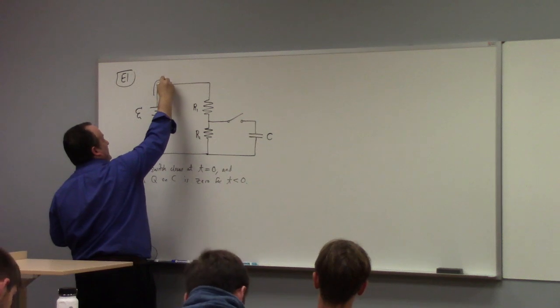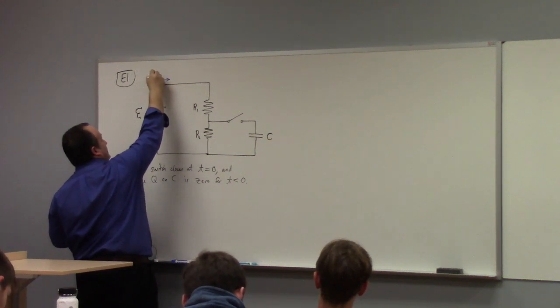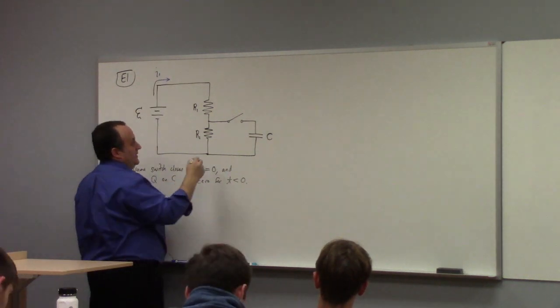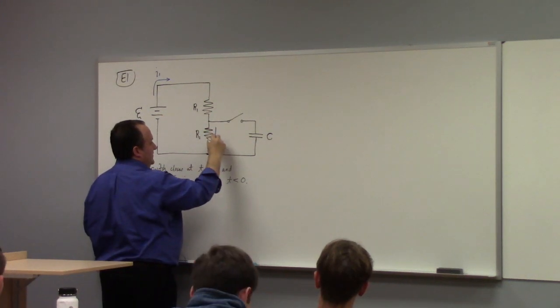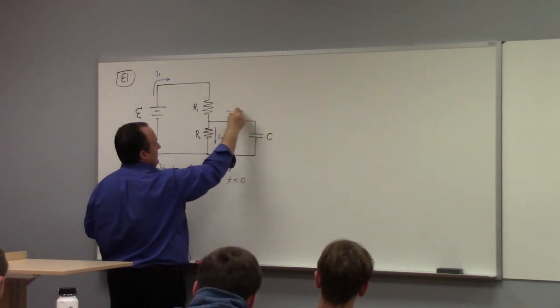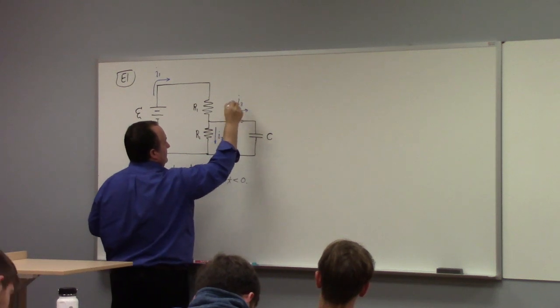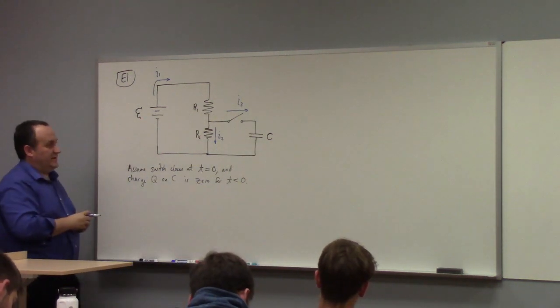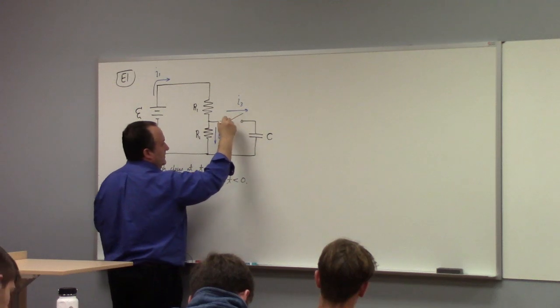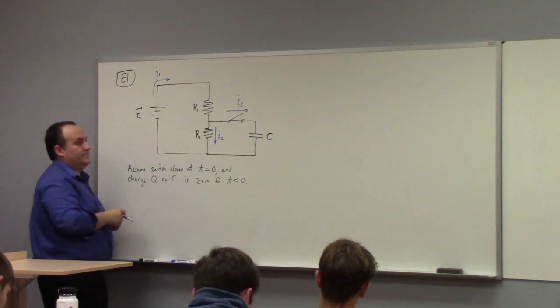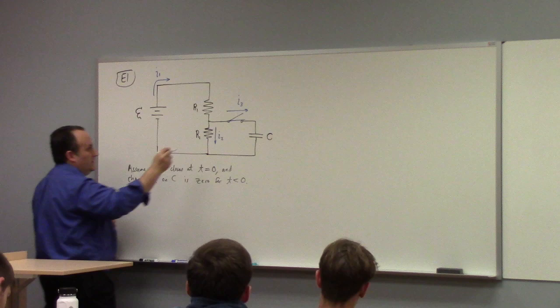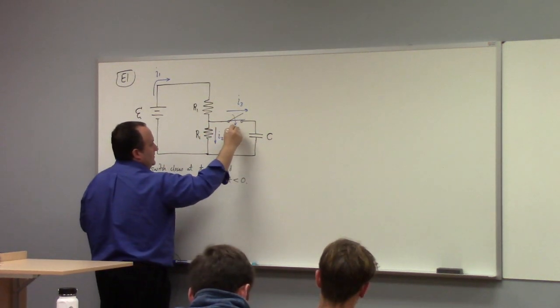But we should probably think about some currents, right? Like maybe this is current 1, and this is perhaps current 2, and over here, current 3, right? After we close that switch, there's a current, right?